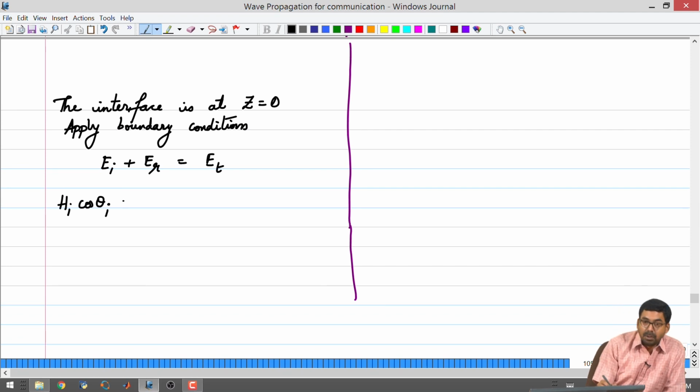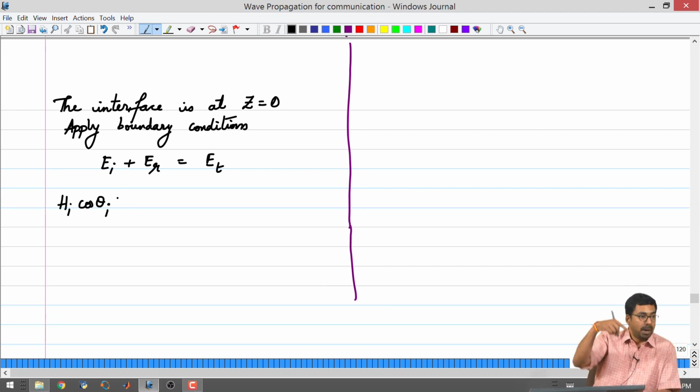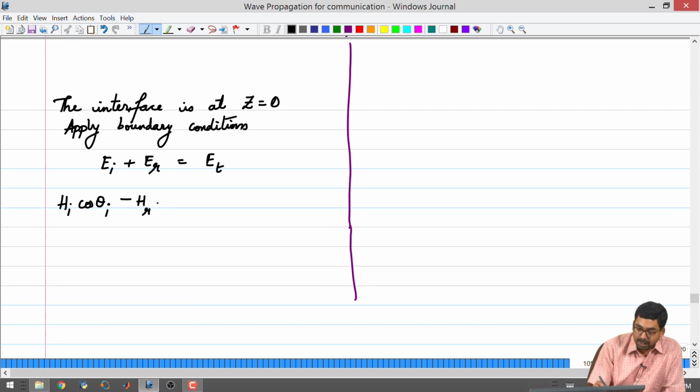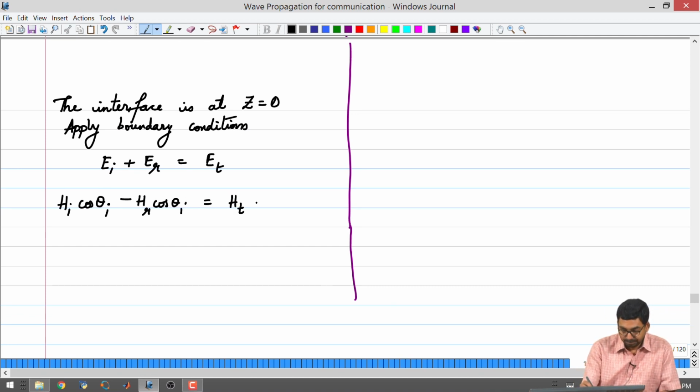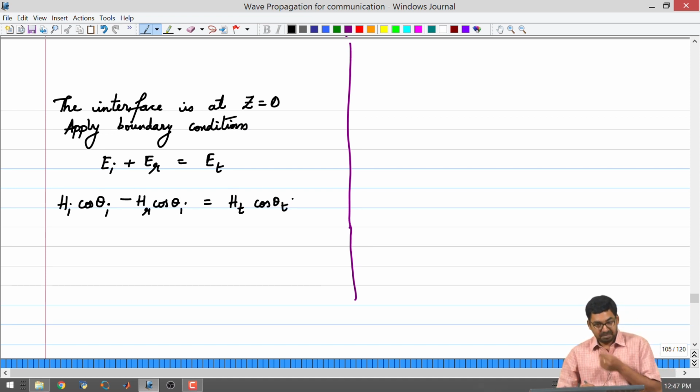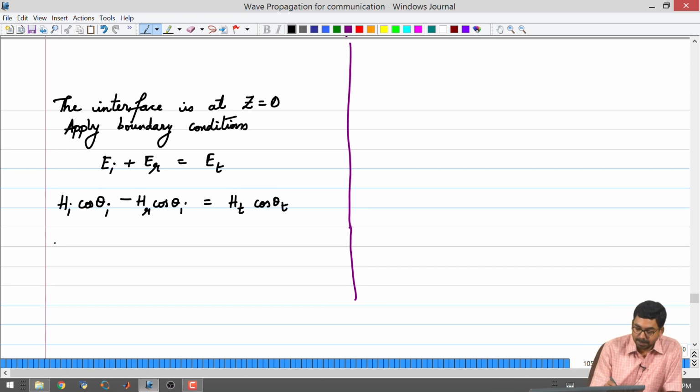So, you have to be careful, you are having one vector going in one direction, another vector in the other direction. So, you have to make HR cos theta I again is equal to HT cos theta T. All right, and this is at z equal to 0.